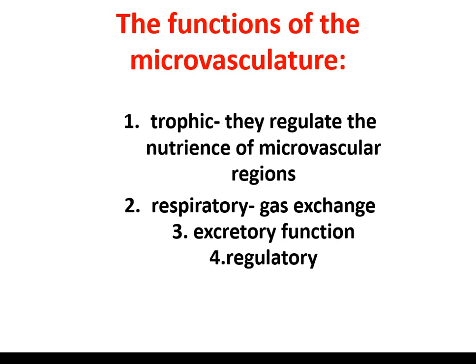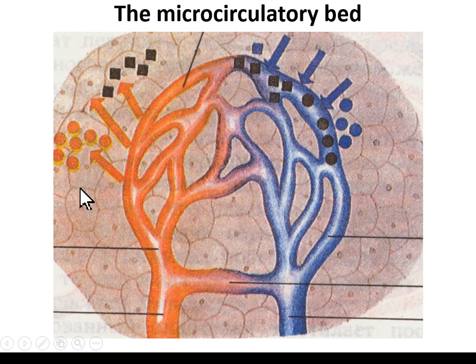We have the 5 links of the microcirculatory bed: arterioles, precapillaries, capillaries, postcapillaries, and venules. This is the structure of the microcirculatory bed.